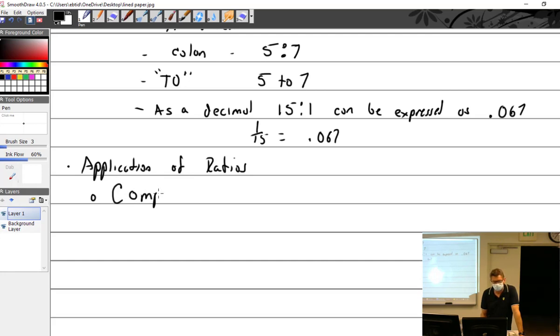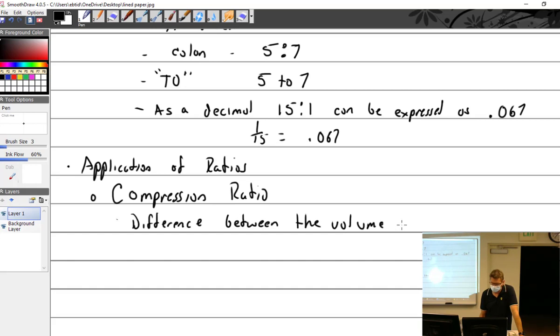Compression ratio. That's of an engine. An engine has a compression ratio, which is the difference between the volume of a cylinder at bottom dead center versus top dead center.